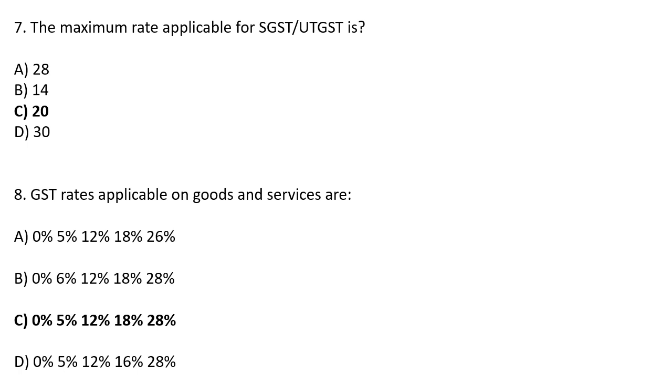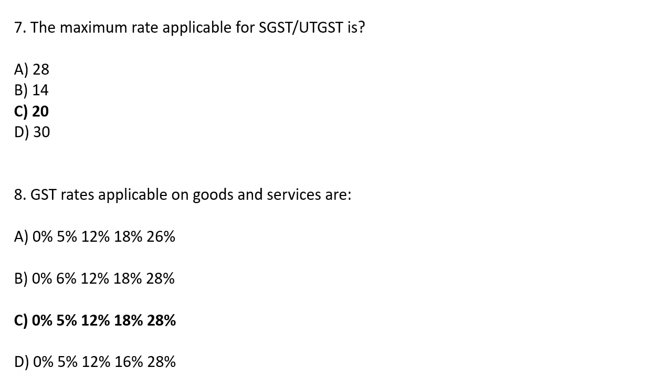The correct answer is option C 20. The maximum rate applicable for SGST and UGST is 20%, and for IGST we have 40%. Okay, so CGST plus SGST and UGST, the integrated GST maximum rate will be 40%.